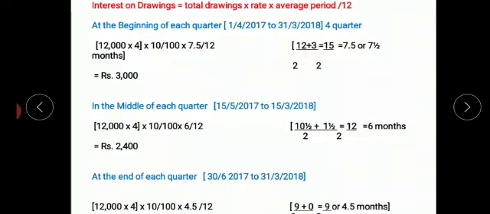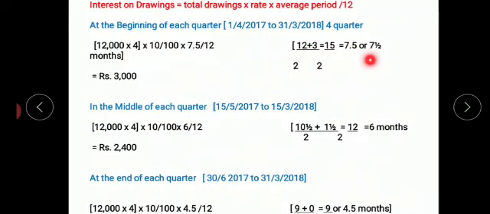The next quarter will be August, September, October, November. This is the second quarter. Then the third quarter will be the last 4 months. So 12 plus 3 gives me 15, and 15 divided by 2 will give me 7.5.